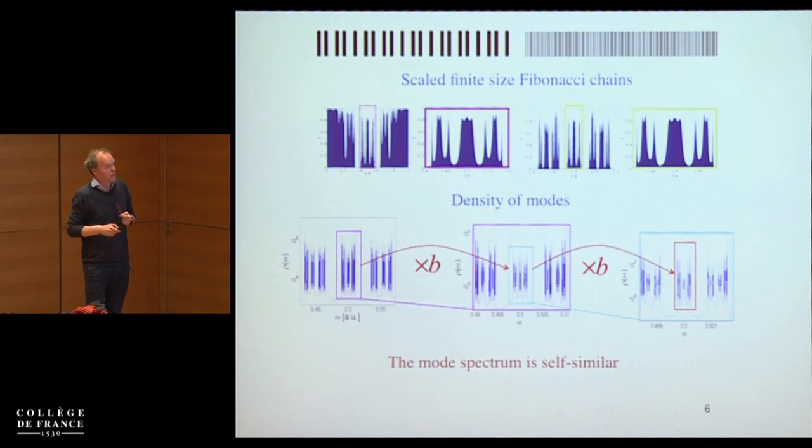If we scale this part by a given fixed factor, which depends on Fibonacci, we get the same structure. If we scale this part again by the same factor, we get the same, so we have a self-similar spectrum.